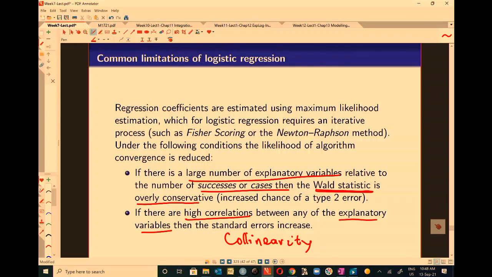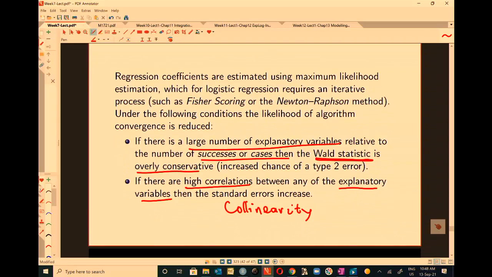Then that can also cause the standard errors to increase. So sometimes when you fit these models, things might look good if you look at the last column of p-values only. You've got lots of significant things. But it's always worthwhile looking at the second column of standard errors.